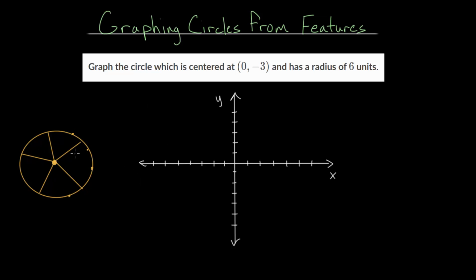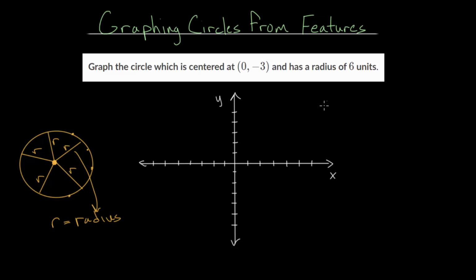And we call that distance the radius of the circle, and usually we give it the letter R. So all of these lines from the center to the edge would have length R. So a circle can be defined with a center point and a radius.